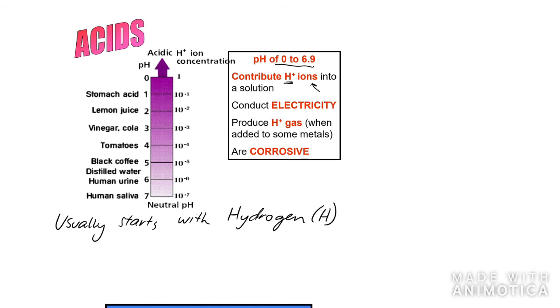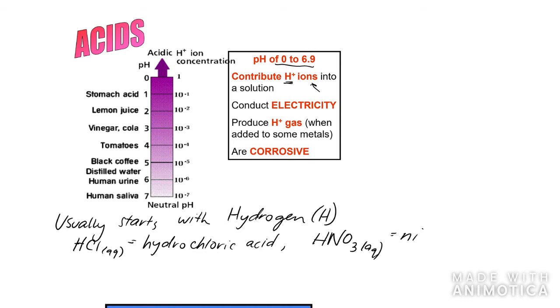A common one you'll see is HCl, and this is hydrochloric acid. HNO3, this is nitric acid.